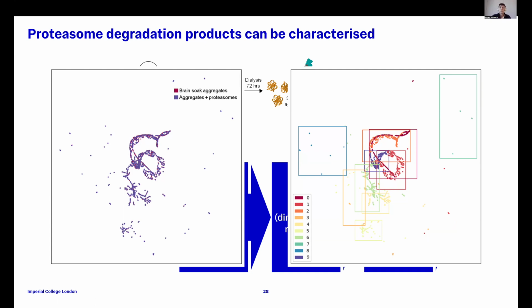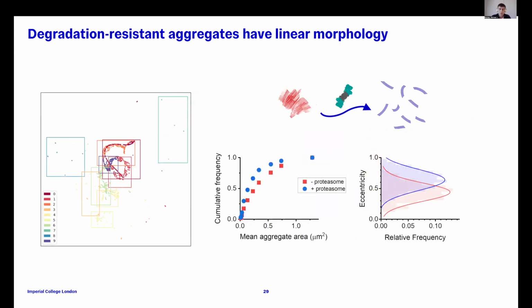And the interesting thing that we've noticed is that when we add our proteasomes and they are able to degrade these aggregates, these proteasome samples have a pronounced, significant change in the number of smaller aggregates within each cluster.